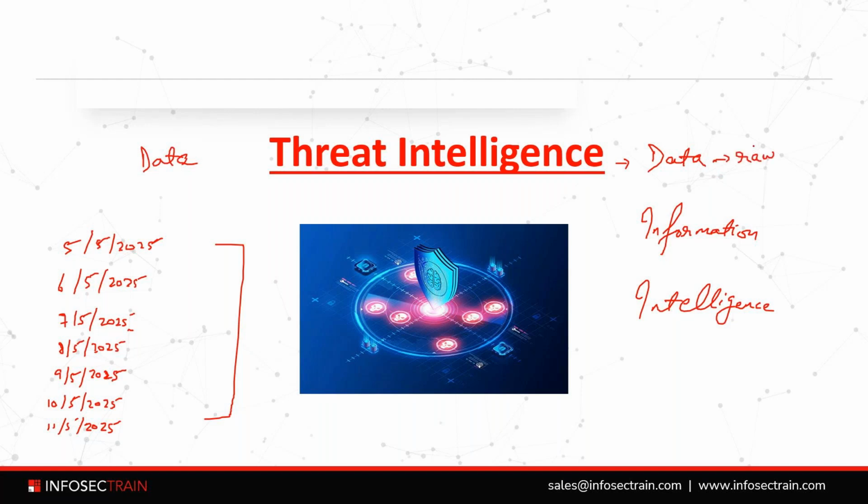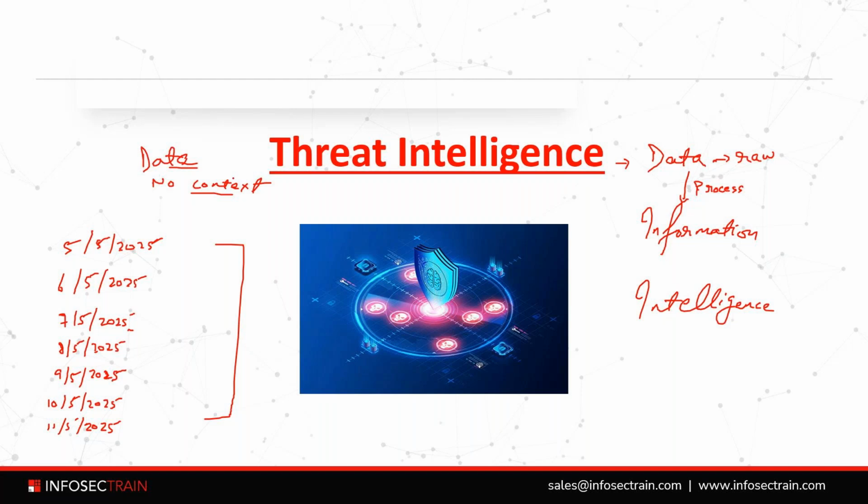Now, when you process this data, you get information. Right now we have no context when we talk about data. It is in a raw form. So we process them.